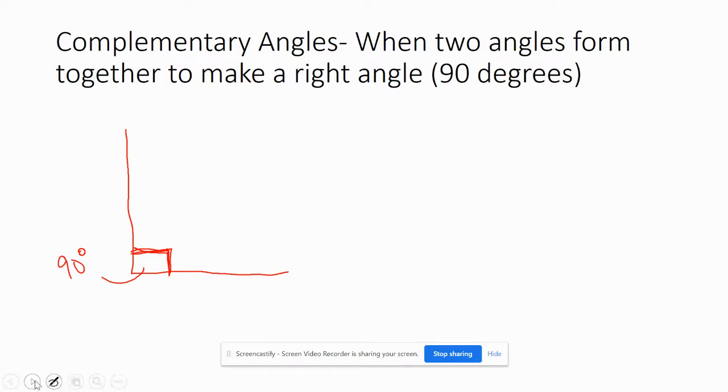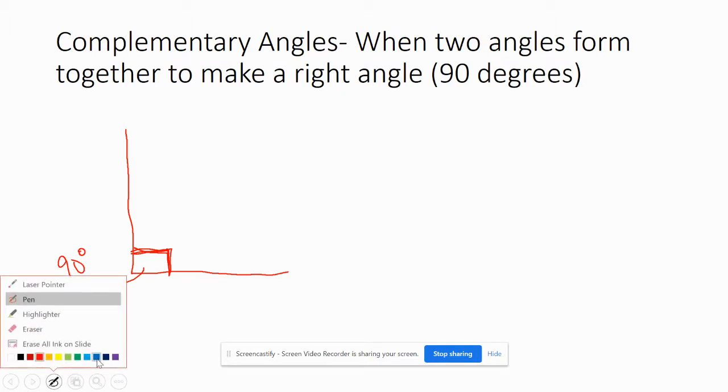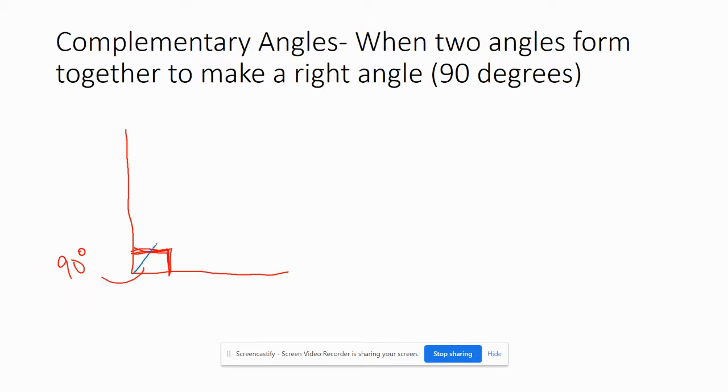Now, let's say I have a line that separates two angles here, right? And let's say this one is 35, and this one is x.